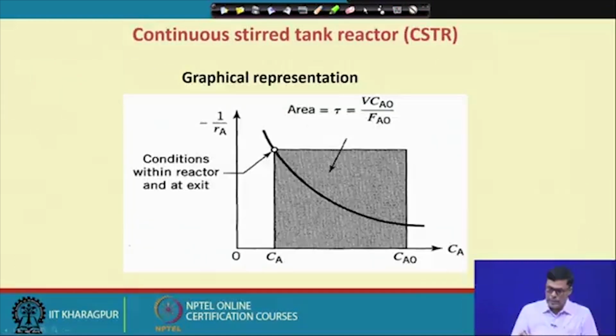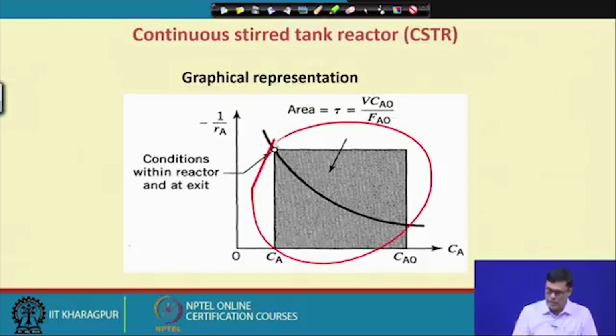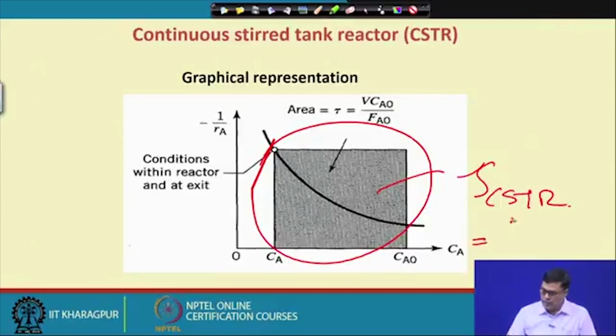Now this is exactly what they have mentioned here: you can see how the area under this curve will be equal to tau CSTR. This we can calculate, and it is very simple. If you know the rate of reaction, tau CSTR equals (Ca0 minus Ca) by minus Ra.